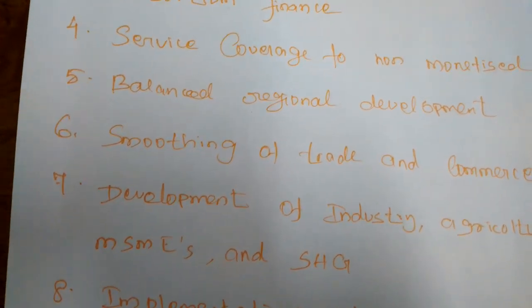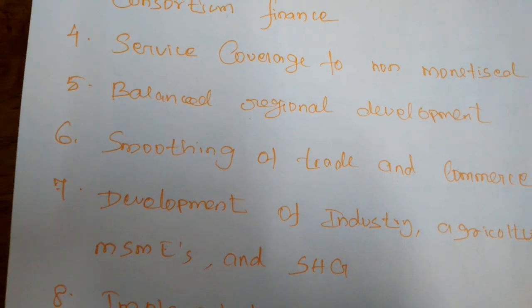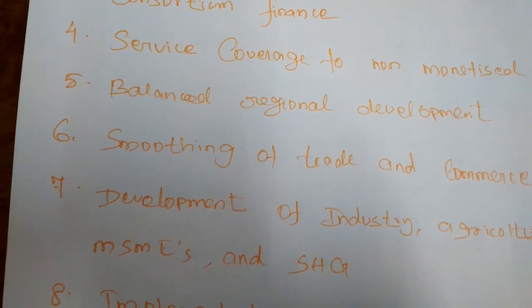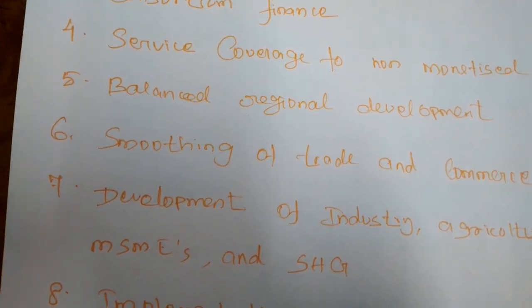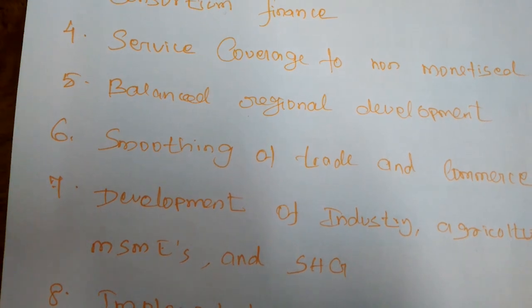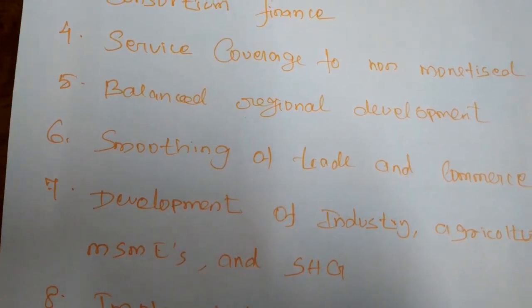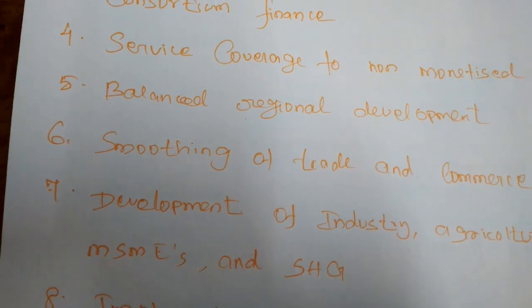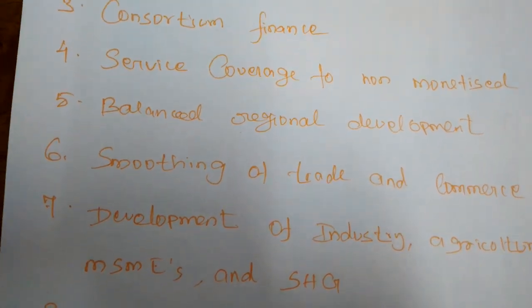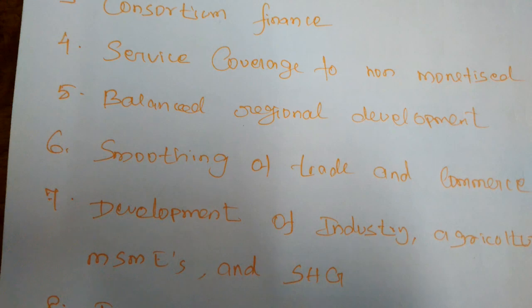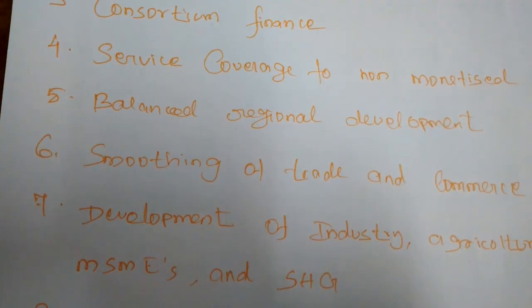Next, smoothing of trade and commerce. For the efficient functioning of all traders and business institutions in a country, safe keeping of their funds, transfer of funds, payment and collection of funds when and where needed is very much necessary. Banks perform these functions.